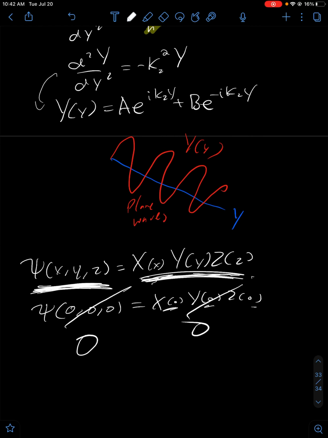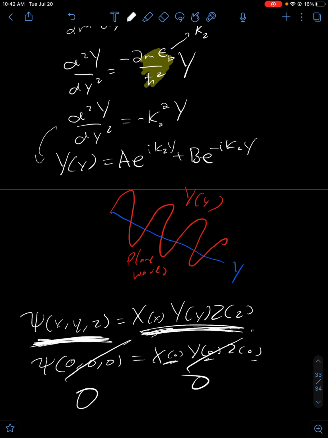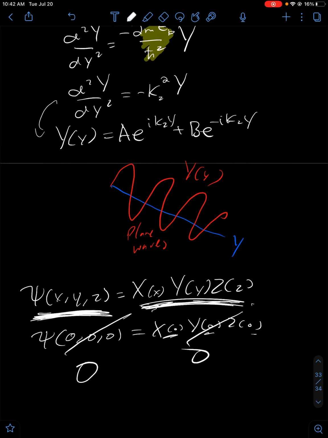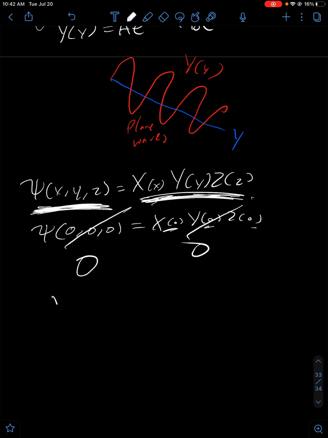So we can pretty much do everything on Y, X, and Z, and then just multiply them together to get the general big old wave function. So again, big Y of y equals A e to the i k2 y plus B e to the minus i k2 y. Sorry, I keep writing x for some reason. I really mean y.